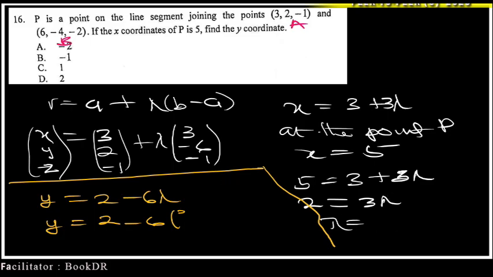So we are going to have 2 over 3 here for lambda. When we simplify further, we get 2 take away 4, and the final answer is -2. So we'll select -2 as our answer.